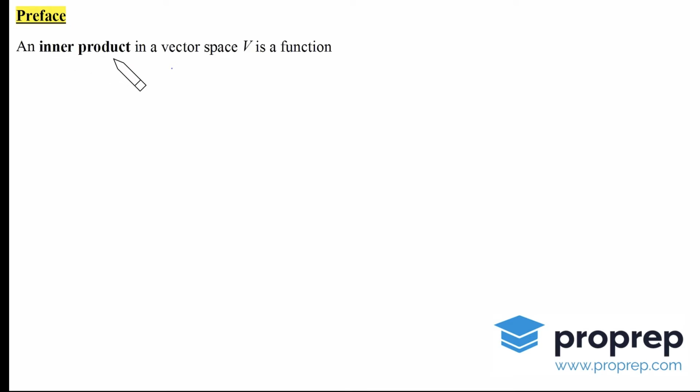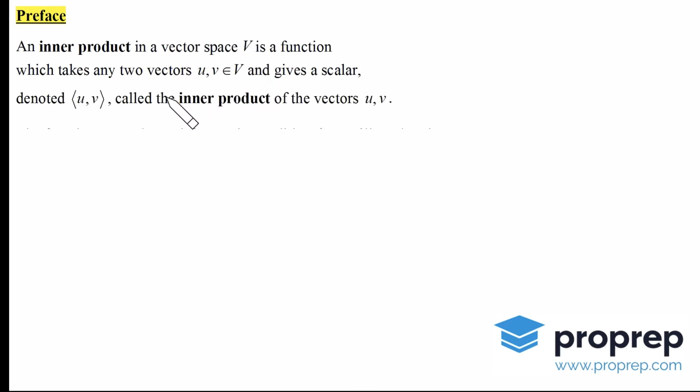Okay, the preface, it's like an introduction. So an inner product is something we define on a vector space, and it's a function, and that function takes in two vectors and spits out a scalar, a number. So it's a function of two variables, and rather than giving it a letter like f, we have a special notation, angular brackets, and the inner product of u and v, we just mark it this way.